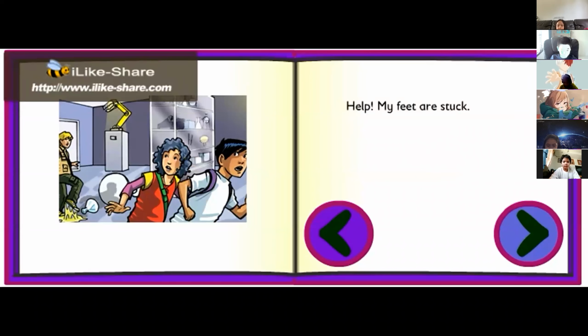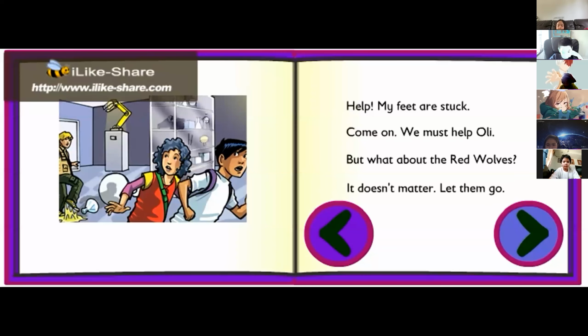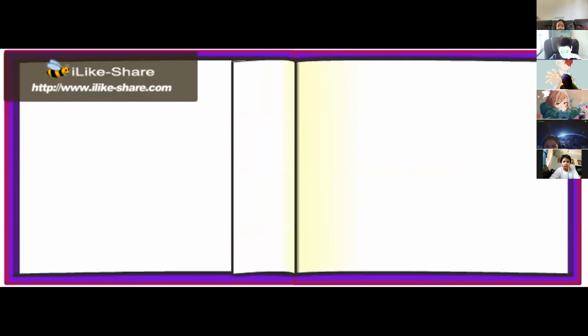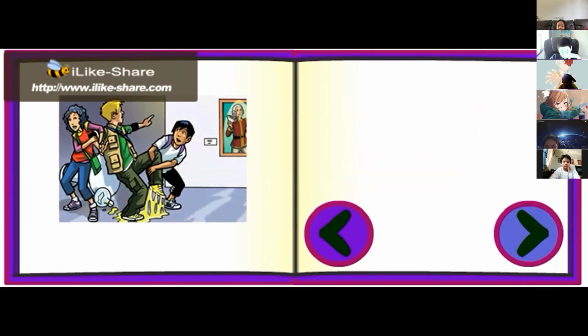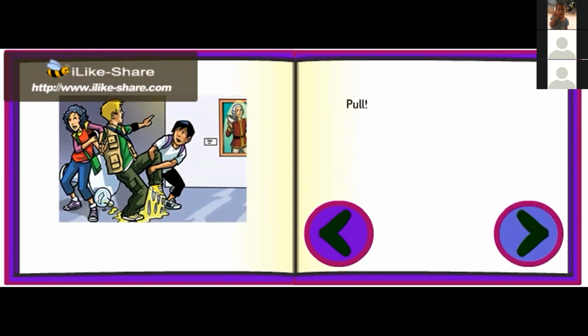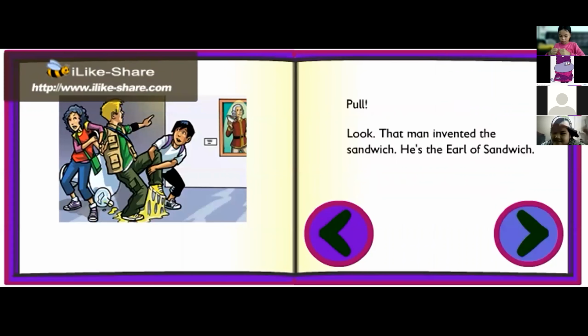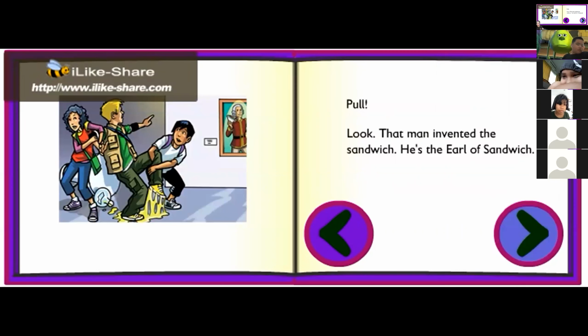Help! My feet are stuck. Come on, we must help Ollie. But what about the red wolves? It doesn't matter. Let them go. That man invented the sandwich. He's the Earl of Sandwich. You're kidding.